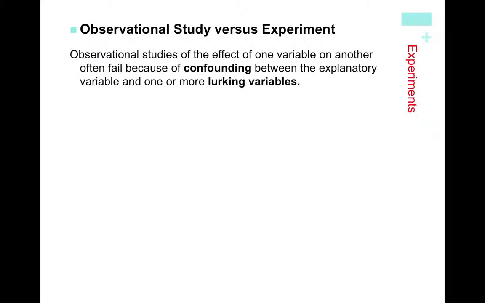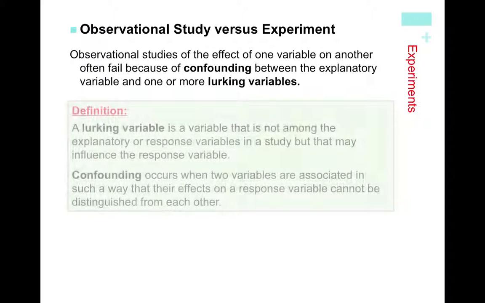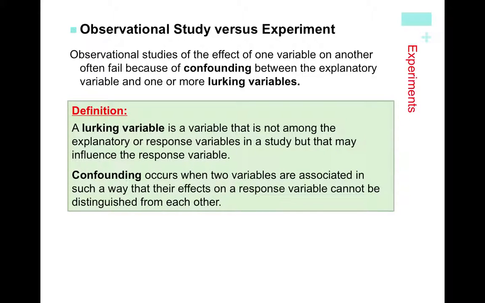Okay. So, observational study versus experiment. Observational studies of the effect of one variable on another often fail because of confounding between the explanatory variable and one or more lurking variables. This is an idea that we have spoken about a little bit before. We've never gone too much in depth about it, but we have heard of this before.